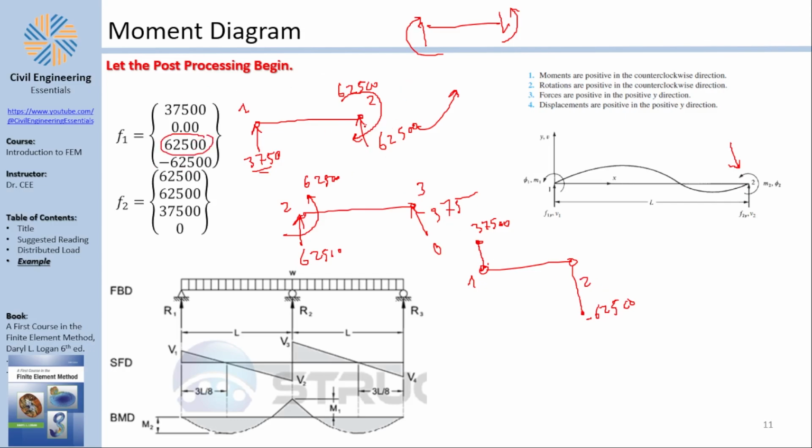Because positive means going up, but on the right side, the shear is positive if it goes down, so game over, it doesn't work. I need to say negative here. Of course, how do you connect those two things? You have a distributed load, and you learn from statics that the shear force diagram is the integration of the distributed load, so you know that it's going to be a line.